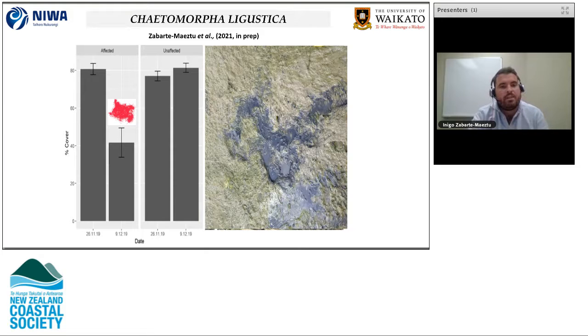We were able to quantify this in one of our transects, and what you can see in the plot there is the transect that was really affected by Chaetomorpha showed a decrease of 50% in the cover of seagrass, whereas the one that was unaffected didn't show any difference. And we attribute this to the fact that this Chaetomorpha growth was smothering seagrasses, as you can see in that image there, and created a very anoxic layer, plus depriving seagrasses of light.